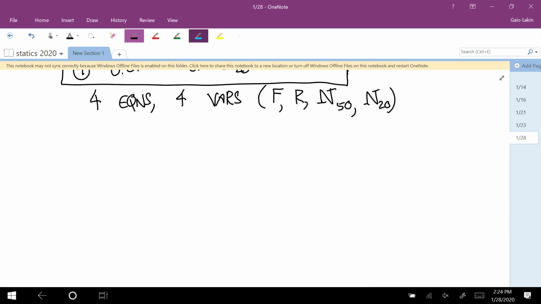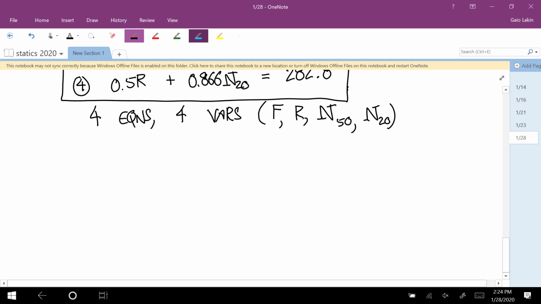I think it's safe to say always for the problems in this class, if you do that and your calculator says no solution, there's just a mistake somewhere. I mean, all of these are solvable. So 4 equations, that means we're going to have 4 rows and 5 columns.